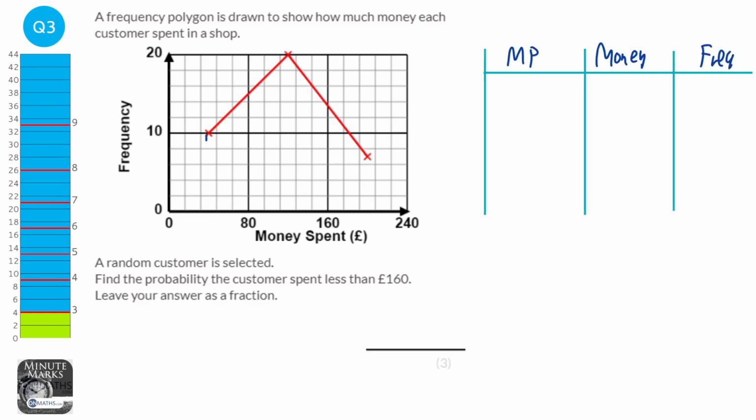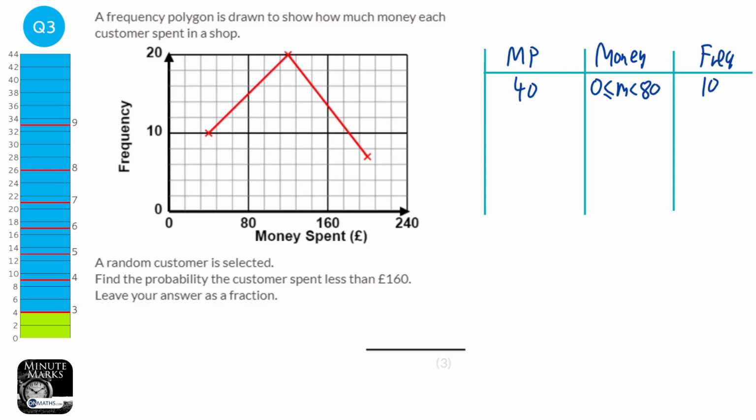So the first midpoint is at 40, and we can see here that that was in this group here. So that is 0, and I'm just going to use M for money. 0 to 80, and the frequency is how high it is, which is 10.